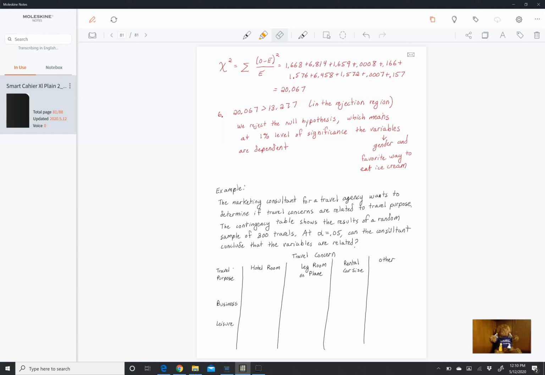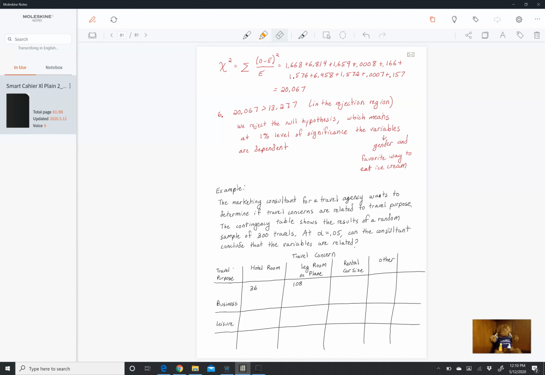I have it in black here because it's given. Okay, and you're given 36 people. I'm leaving room because we know that we have to calculate expected, right? This is 108 people.